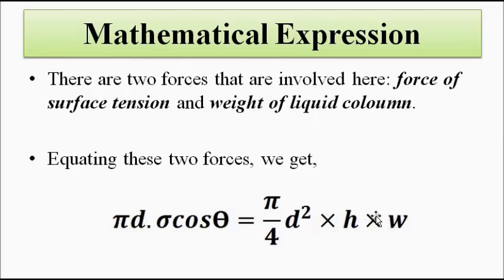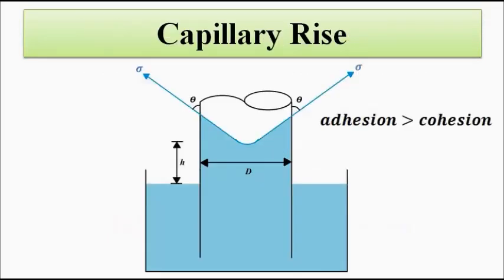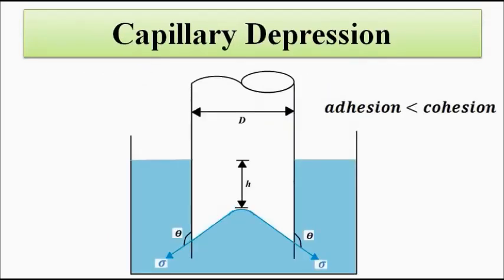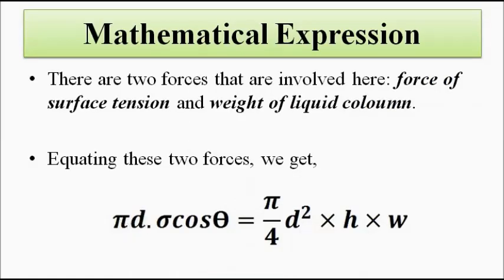So if we equate the two forces, the force of surface tension and the weight of the liquid column, we have pi d sigma cos theta, the horizontal component of the surface tension force acting along the direction cos theta in both the cases, multiplied with the circumference pi d at the interface, as per the formula of surface tension.